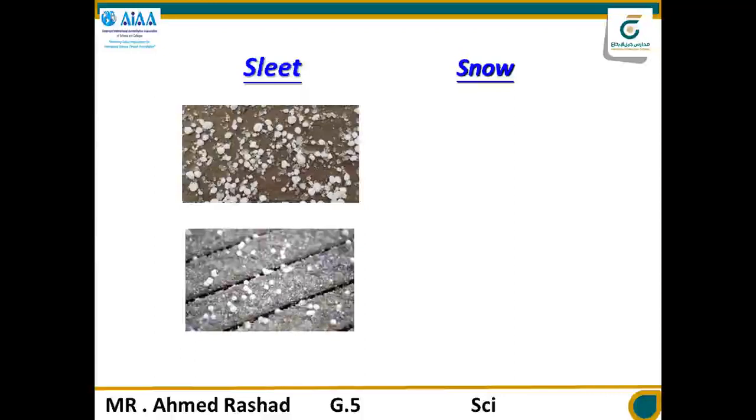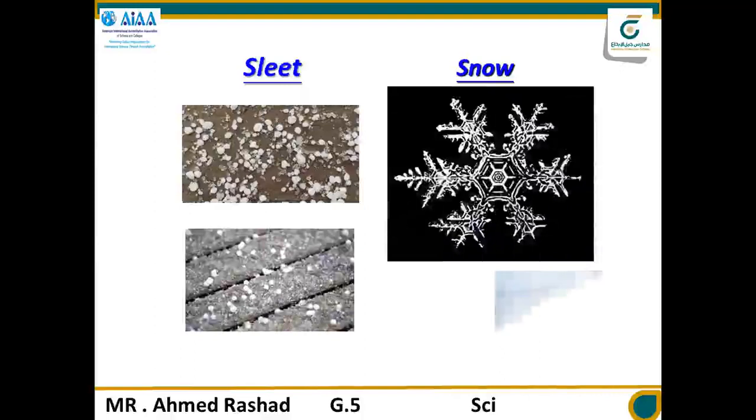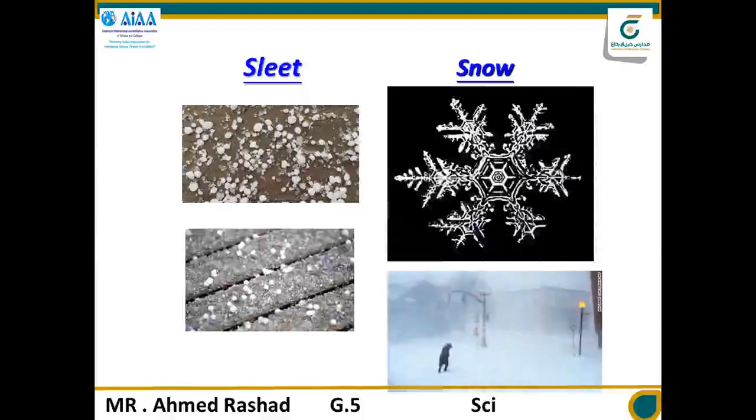Sleet is kind number two of frozen precipitation, and we watched snow before, at the beginning of the lesson. Sleet has a diameter less than 5 millimeters, so it is smaller than hail. And snow is very small and has a shape called hexagon. So now we know the difference between the three kinds of frozen precipitation and the rain, or normal liquid rain.